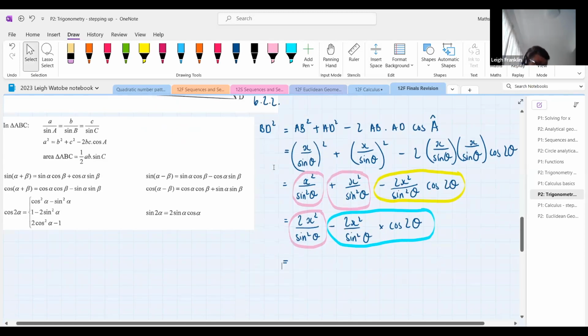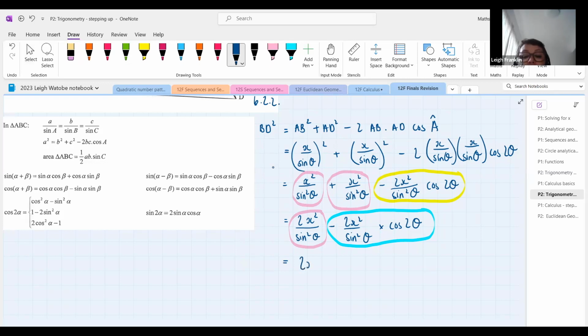What is my highest common factor? It's 2x squared over sine squared theta. So I'm going to take that out. And then in brackets, I would be left with 1 minus cos 2 theta. Is everybody happy with that?